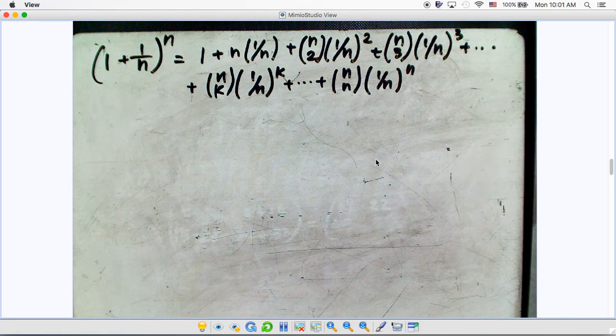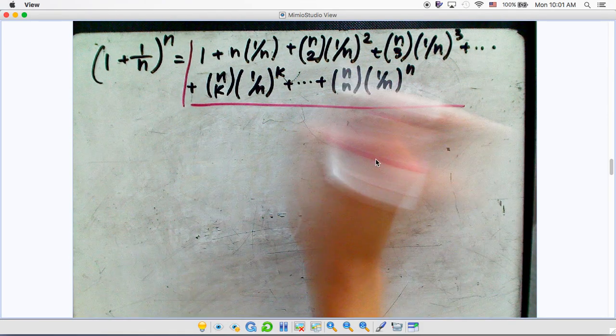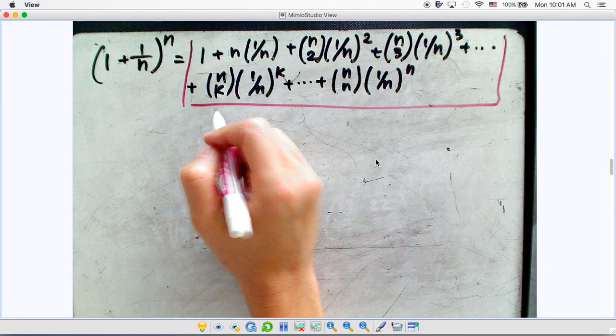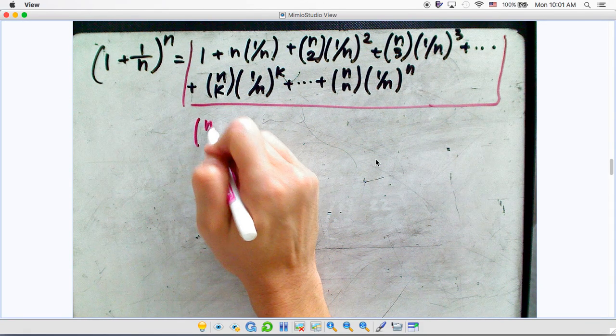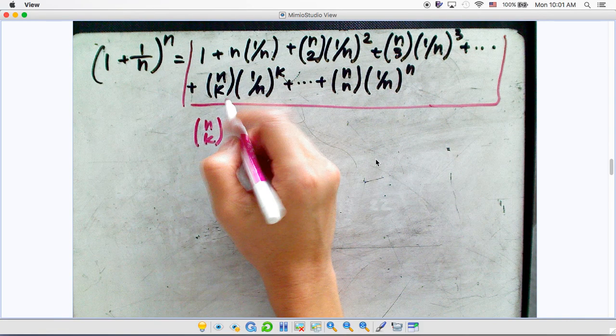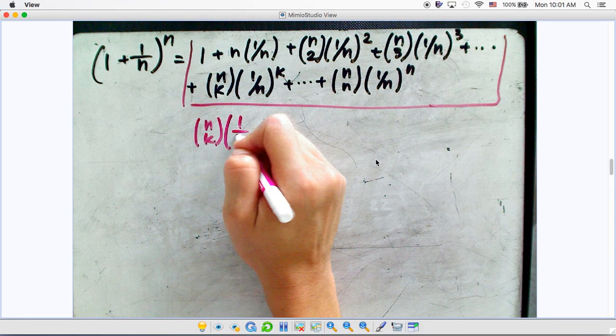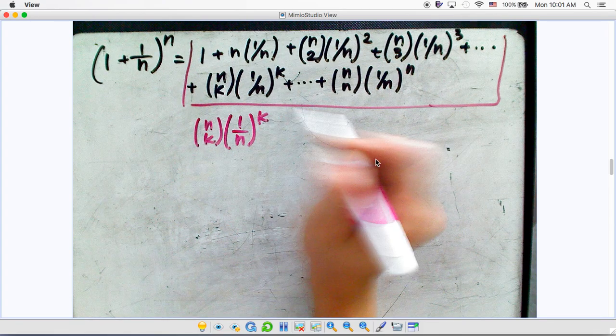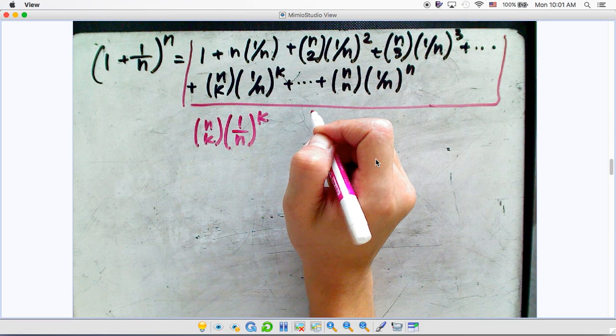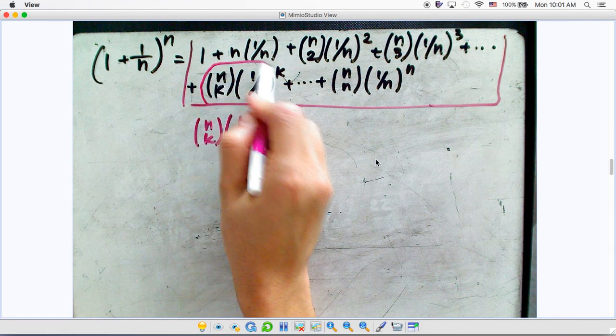So the right side of this equation can be expressed as n choose k times 1 over n to the kth power. Each term can be written that way.